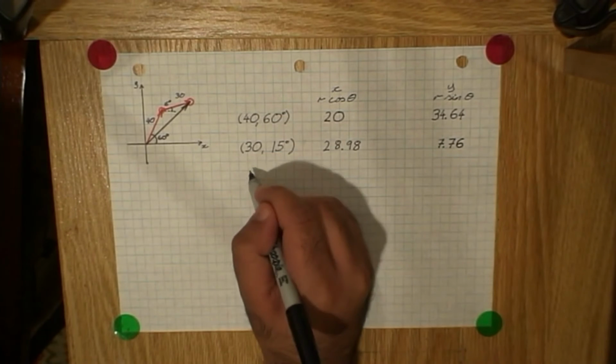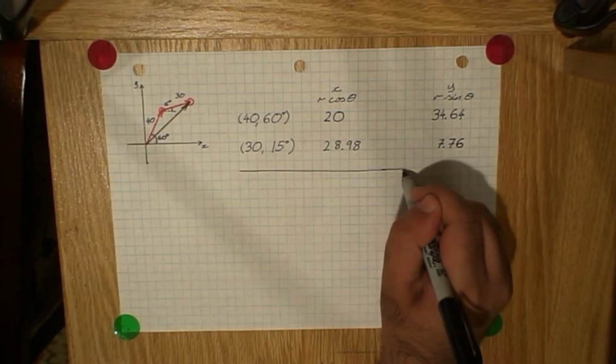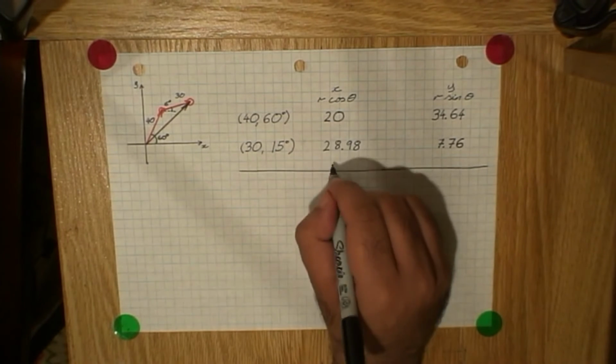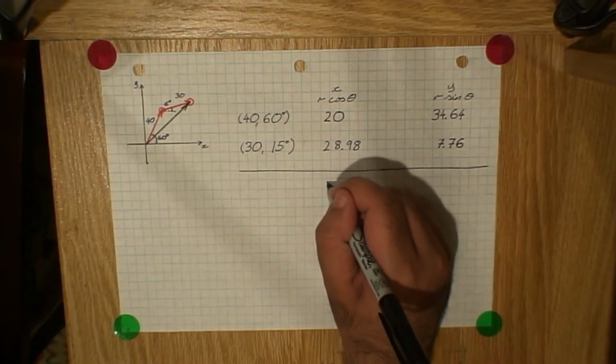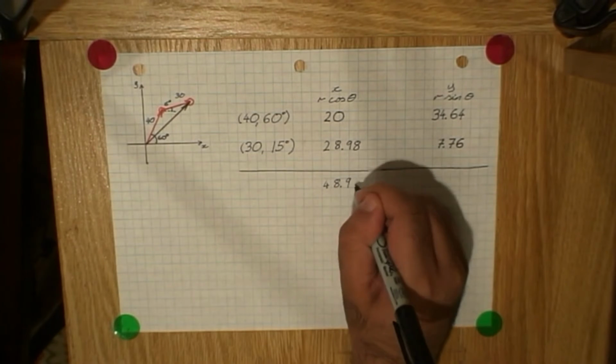So, the total of these two vectors, the resultant vector, is found by just adding these together. 20 plus 28.98 will give you 48.98.